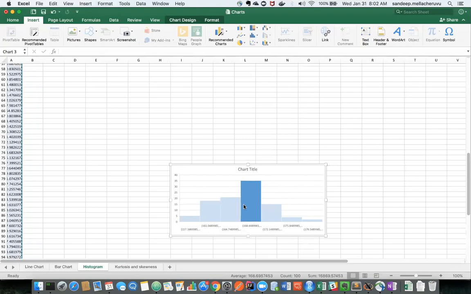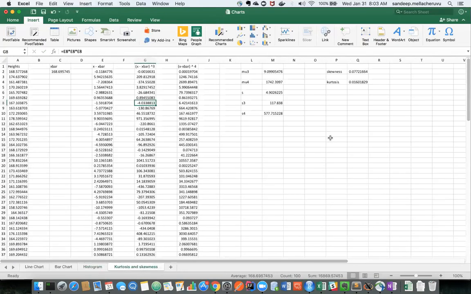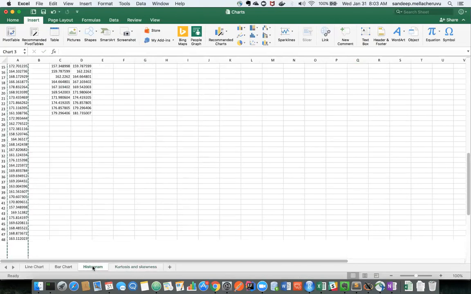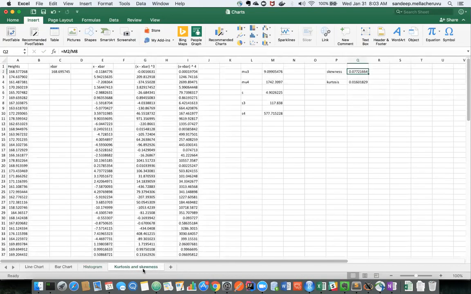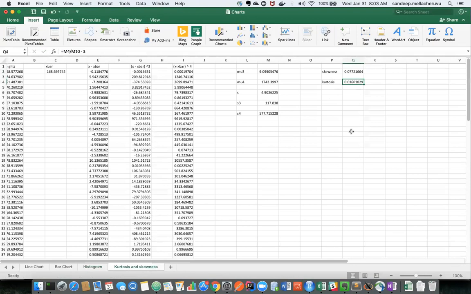That's why it is a little bit leptokurtic, and there is a little bit of skew if you see this part. Maybe because of that you have a little bit of positive skewness, and leptokurtic because one of the bars is a little bit higher than the others. So all these things are identified only based on these two items, skewness and kurtosis.